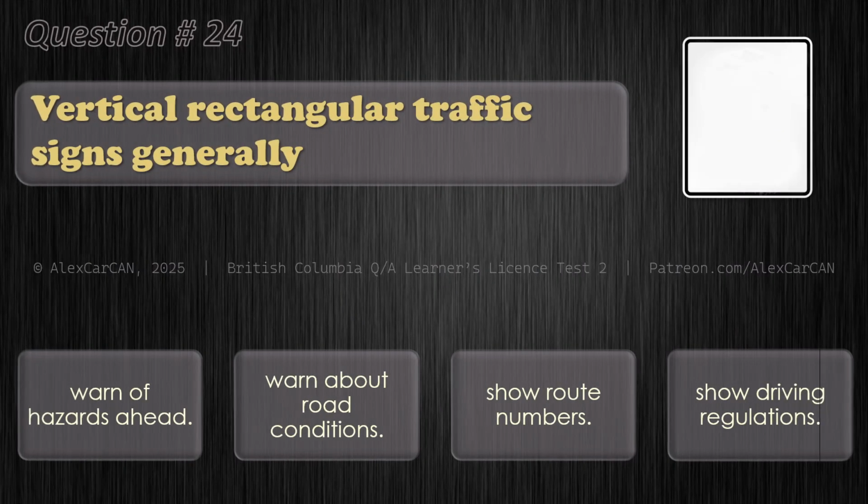Question number 24. Vertical rectangular traffic signs generally warn of hazards ahead, warn about road conditions, show route numbers, show driving regulations. The correct answer is show driving regulations.